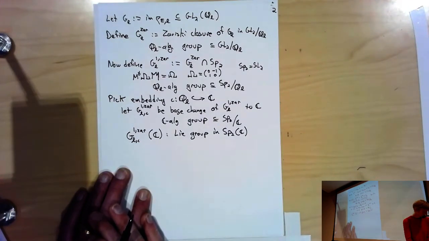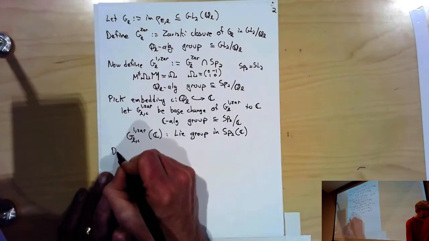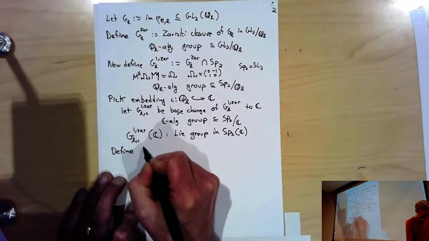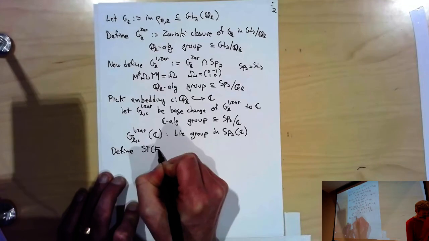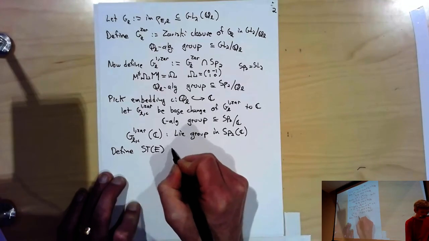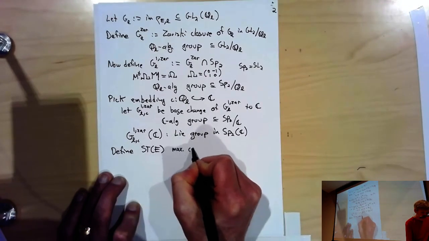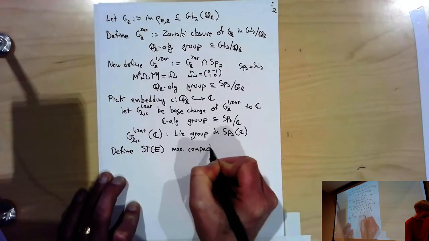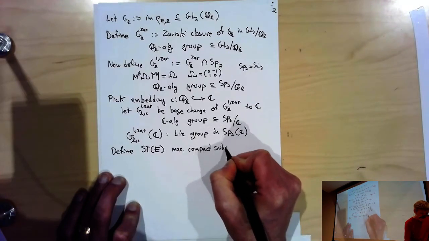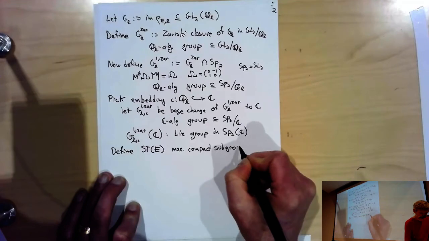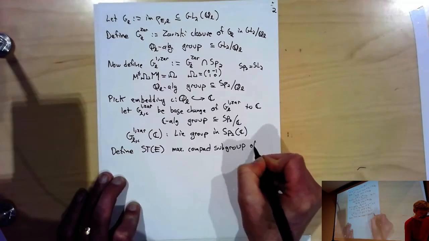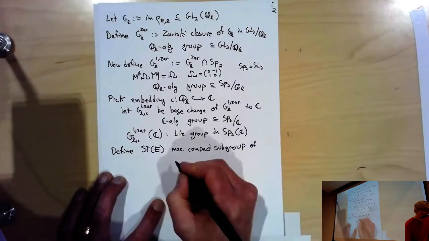So now we're going to define our Sato-Tate group, which I'll denote ST of E, as a maximal compact subgroup of this Lie group. All right, done here.